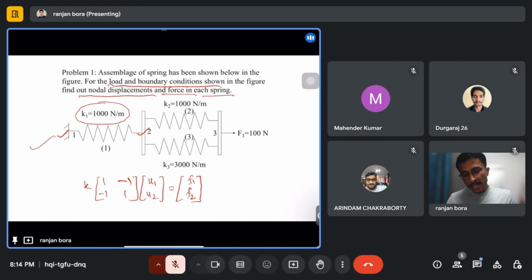So in this matrix, if we put 1000 here, it means multiplying this matrix with 1000, and u1 and u2 are unknown, f1 and f2 are also unknown.